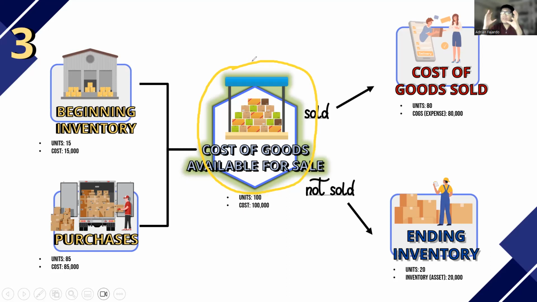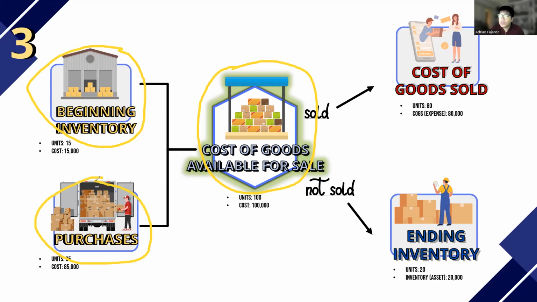So the cost of goods available for sale is again the total amount of inventory that you can sell for that period. And that will be comprised of 2 things. Your beginning inventory and your cost of goods purchased. Cost of goods purchased will together make up your cost of goods available for sale.